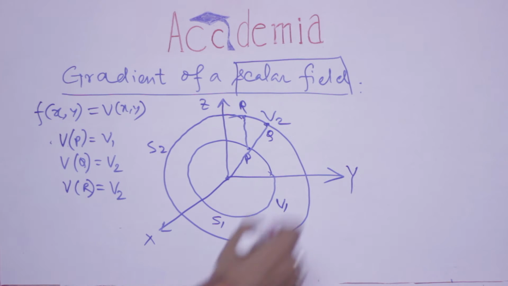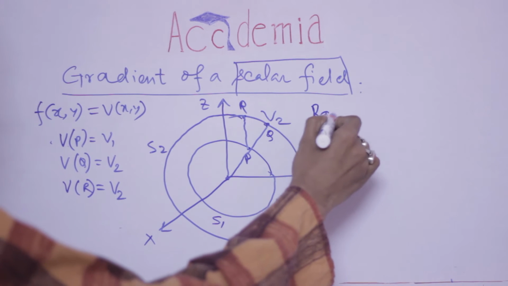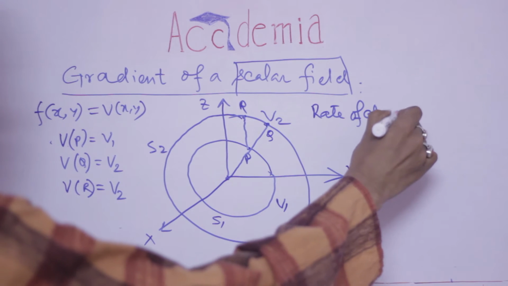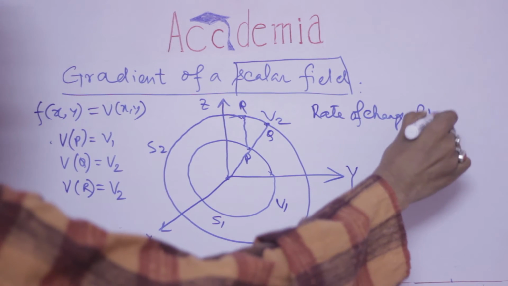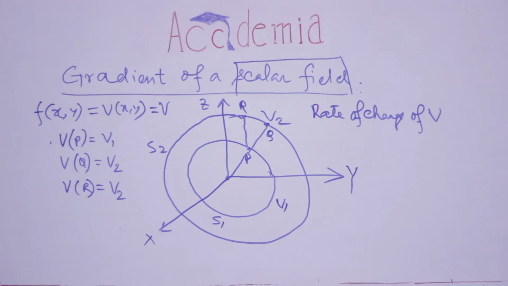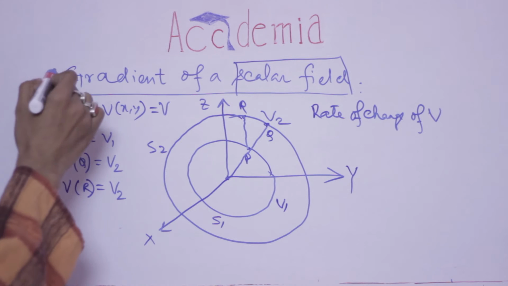Now, if we want to know the rate of change of the function f, which is V here, from the surface S1 to S2, how do we find this rate of change? The measure that we use to find this rate of change is actually gradient.